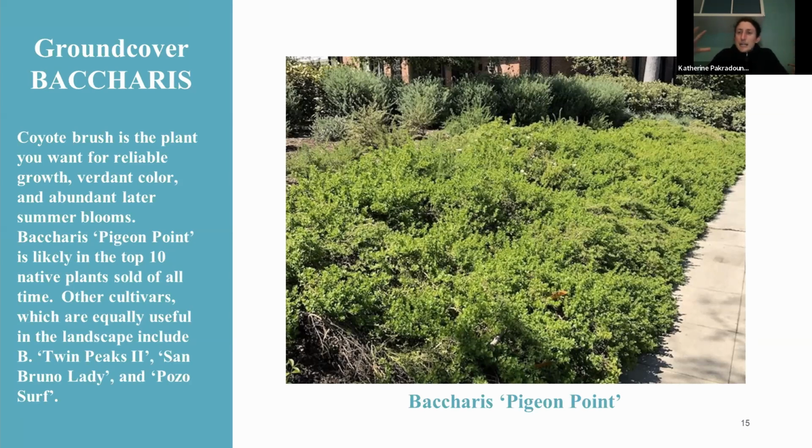And it gets a little bit tighter and like a little more self-protective when it's being beaten down by the sun, but it can handle it. It can handle very harsh situations. So ground cover coyote brushes are probably my top pick if I had to only plant one native ground cover and I had to cross out all the other ones and say, this is the only one I'm ever going to plant. It would be ground cover coyote brush.